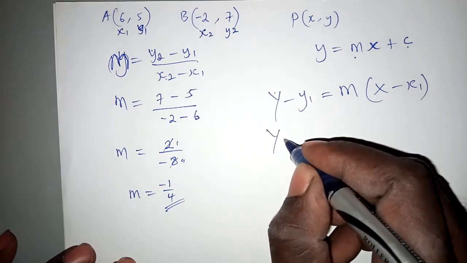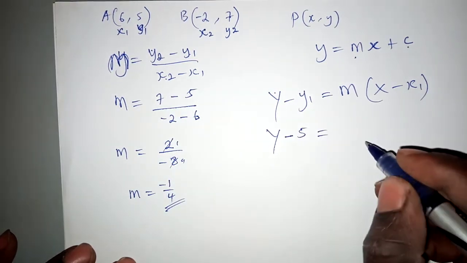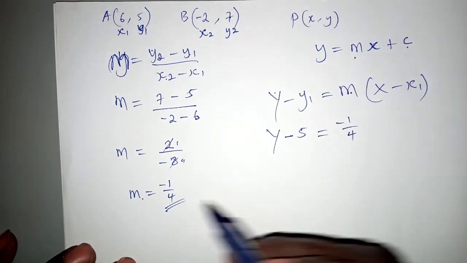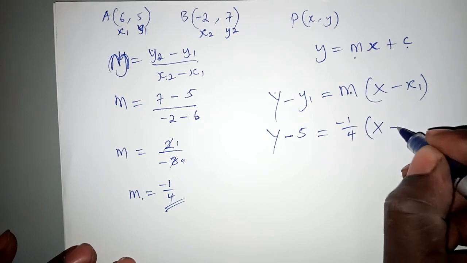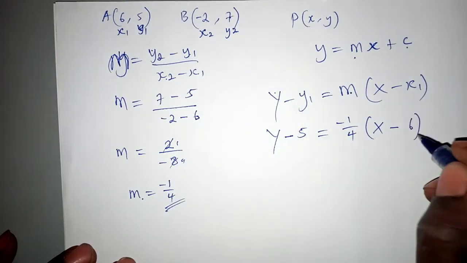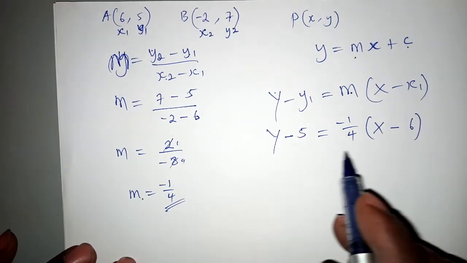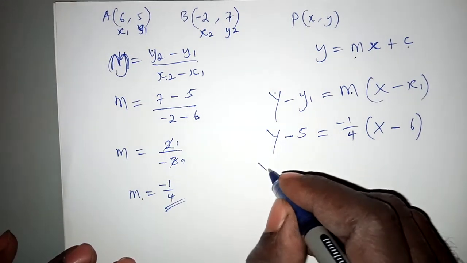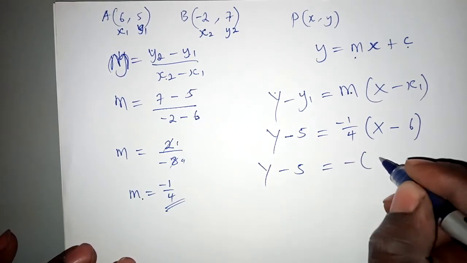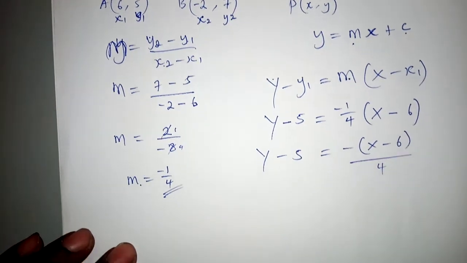So we'll have y minus our y1, which is 5, is equal to our gradient, -1 over 4, that is m, into x minus our x1, which is 6. If you rewrite this expression, we'll just write it as minus x minus 6 all over 4.